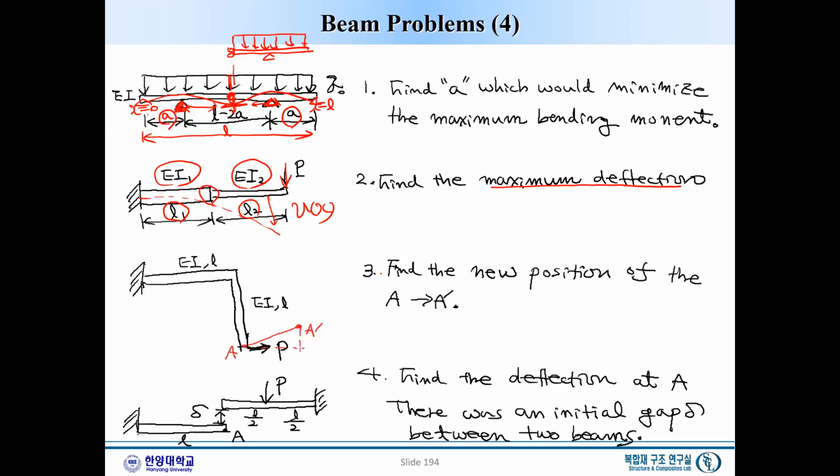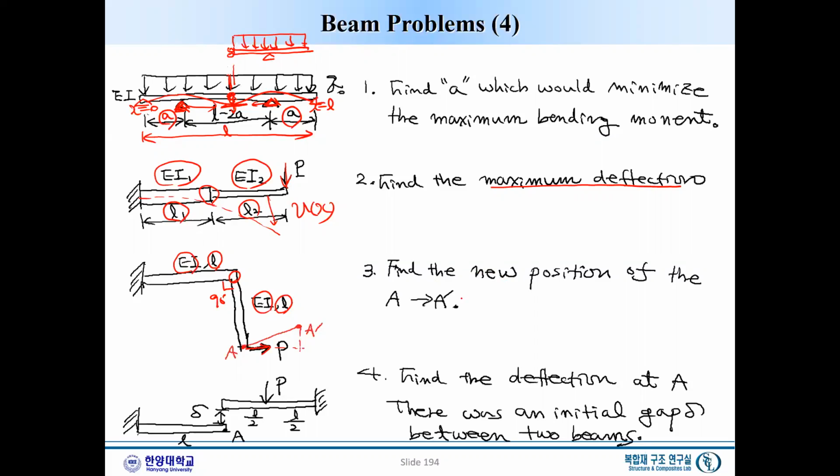Now, the third problem, a very interesting problem, is that two beams are again connected, but connected at a right angle, 90-degree connected, and the bending stiffness and lengths are the same. But at point A, we apply the load P in the horizontal direction, and this point A will move to here, A prime.